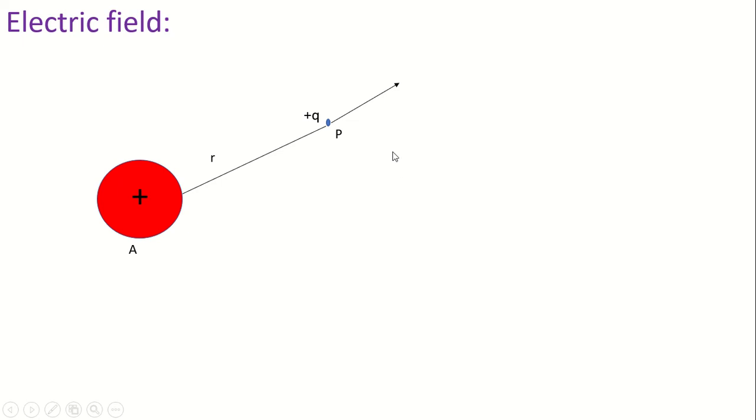Okay. So this positive test charge will experience a force, and you know force is a vector quantity, so obviously that force has a direction, and that direction will be outward. Why? Because like positive charges repel each other.